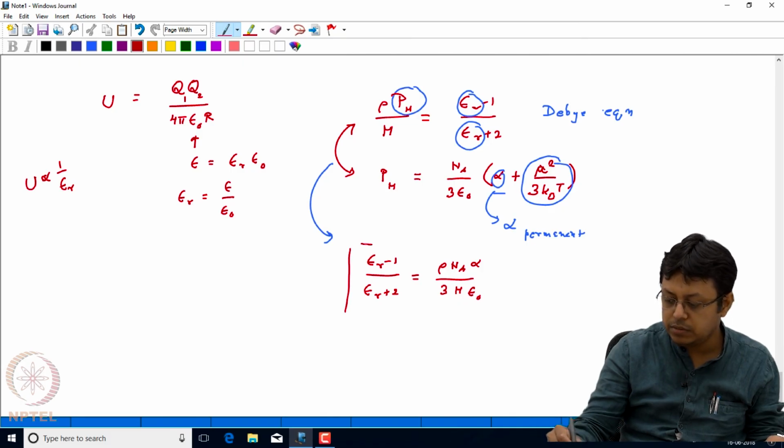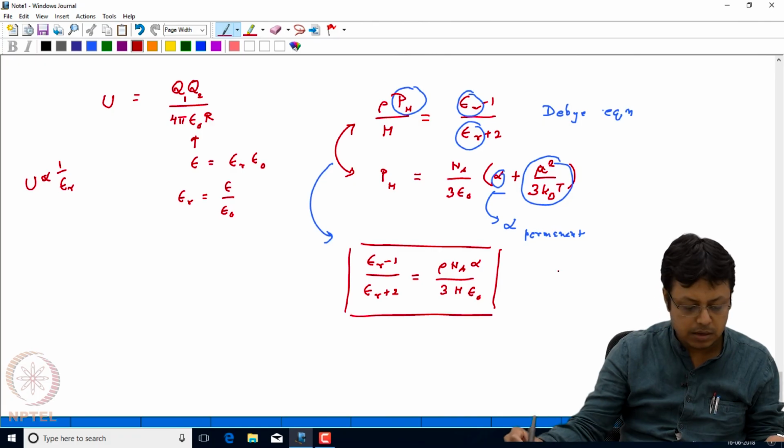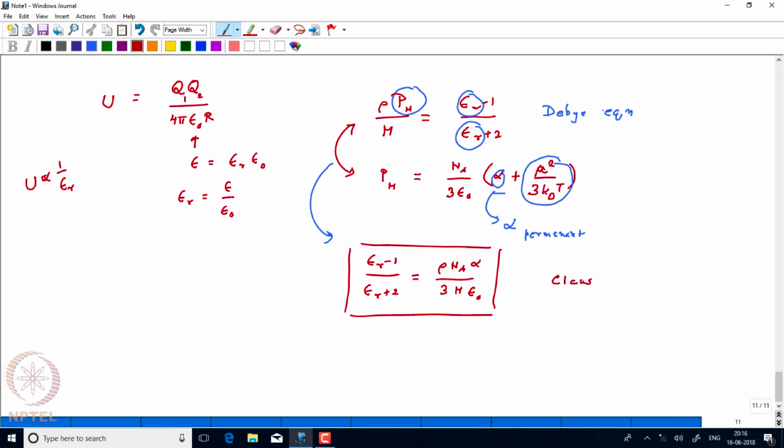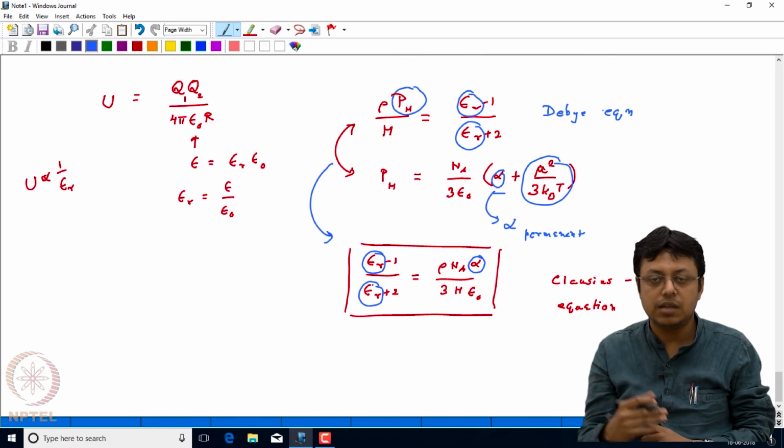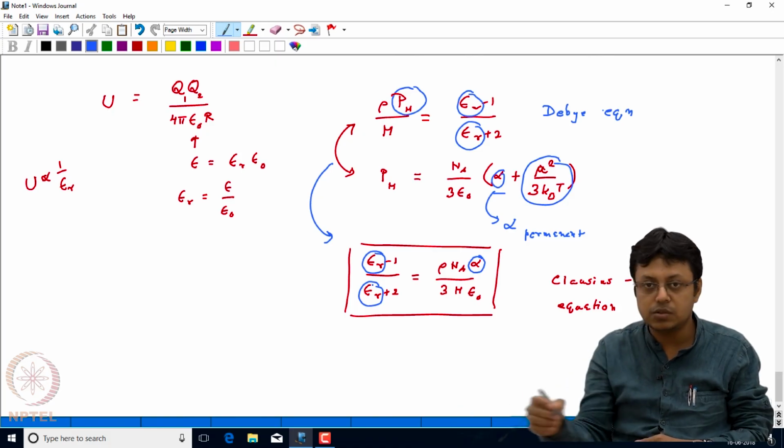Now, this equation is known as the Clausius-Mossotti equation, which basically connects the macroscopic dipole moment Pm. We have actually eliminated Pm in this equation, which basically connects the polarizability alpha with the permittivity epsilon, or the relative permittivity epsilon r. So, let us now summarize whatever we have discussed so far.